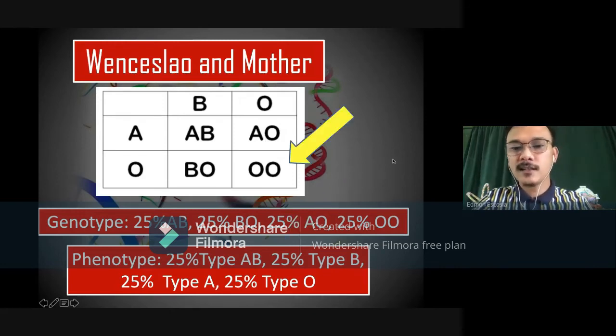So the correct answer is type O. So this is just one of the many applications of genetics, specifically predicting the genotype and predicting the phenotype.